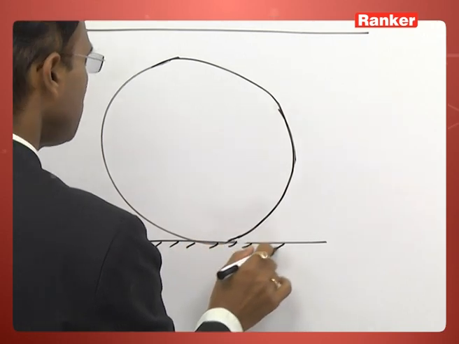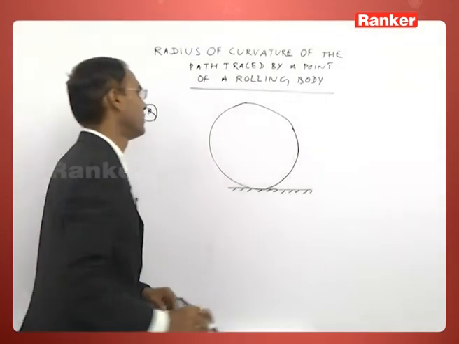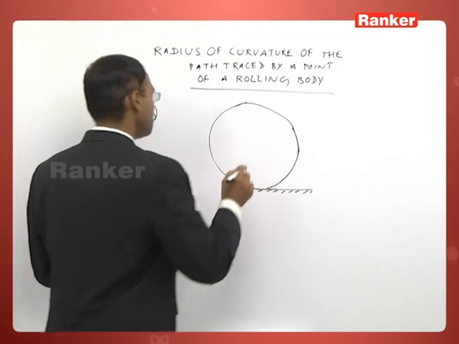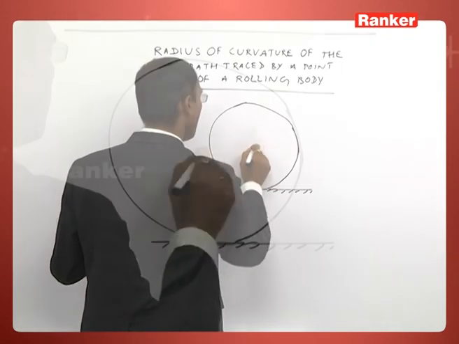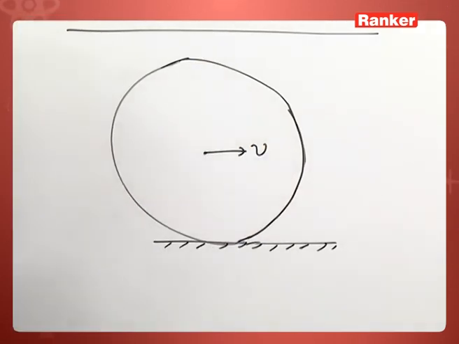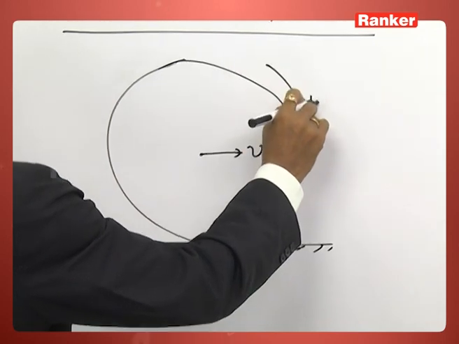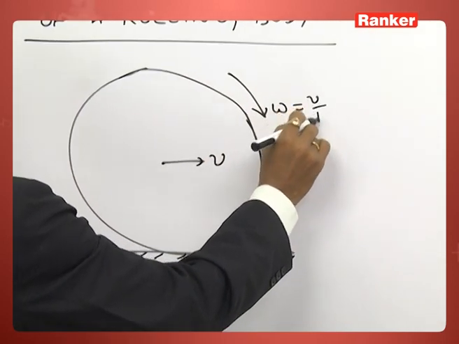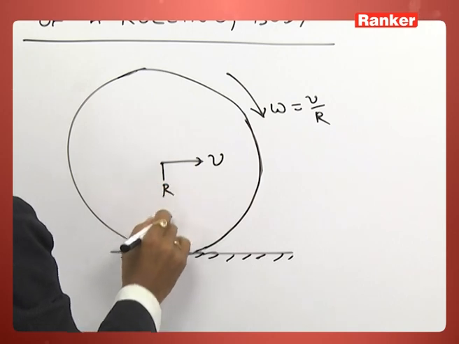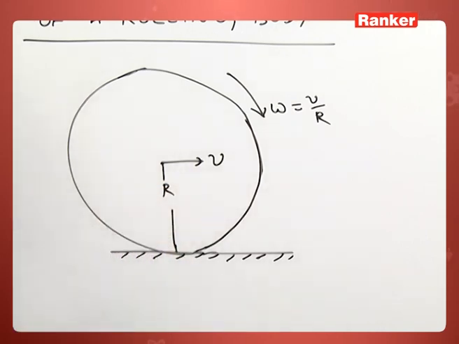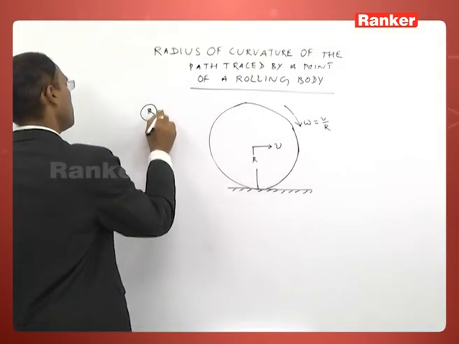This body moves with the velocity v and an angular velocity omega such that omega is equal to v upon r for pure rolling.